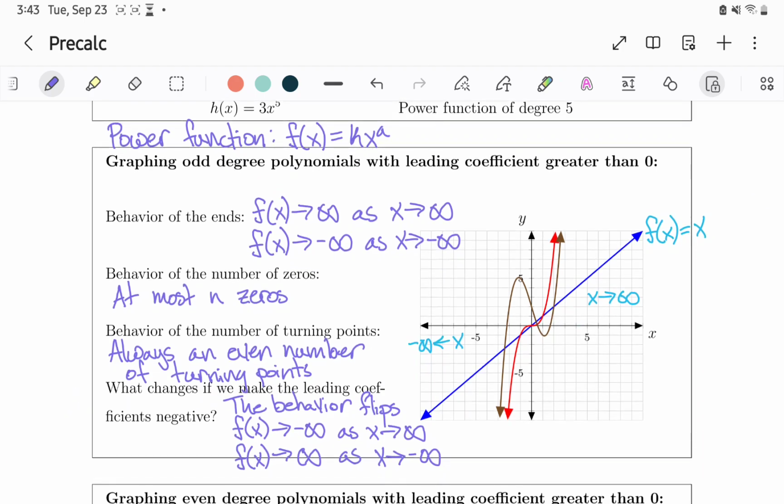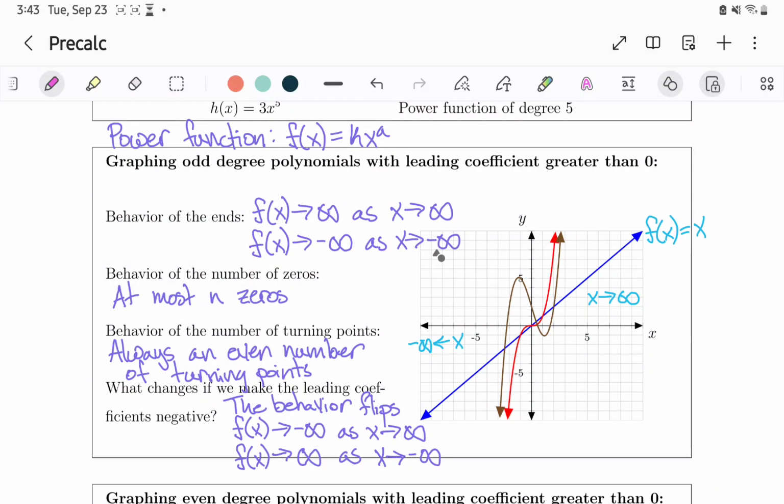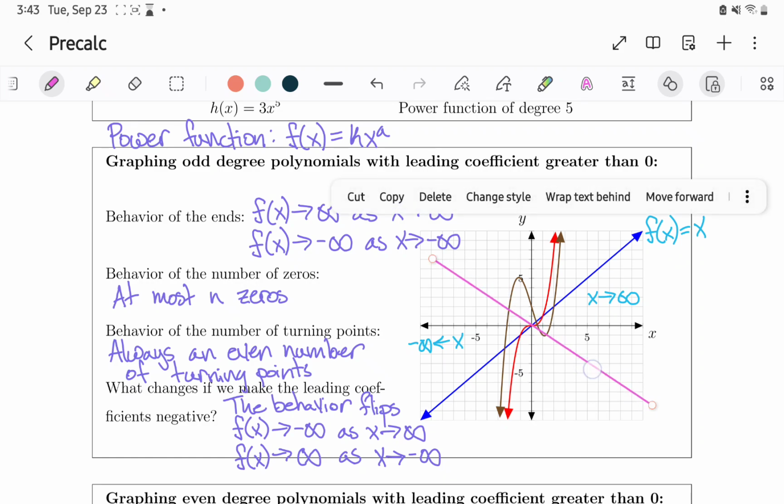And of course, we could see that by instead considering the graph of f of x equals minus x, which we can sketch a graph of here in pink.